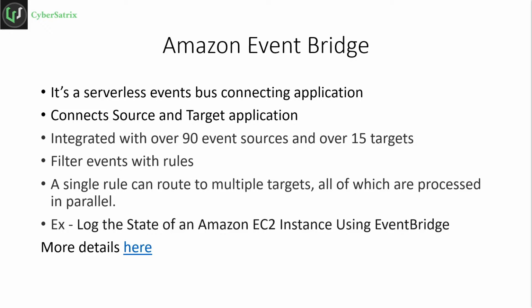So EventBridge, as the name suggests, is going to create a bridge between the GuardDuty application and the SQS application, and then the data will be transported from GuardDuty to the SQS queue. Simple. So as mentioned, the second point, it connects the source and target application and bridges them basically.